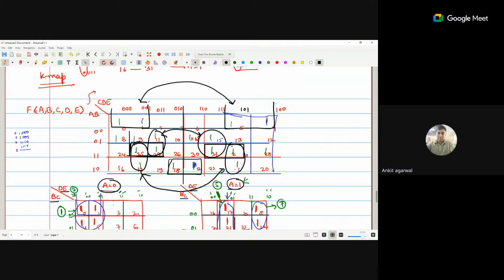1, 2, 3, group of 4 created. Now one more group is there. One, two, three. Now this group. Okay, this is the individual group.